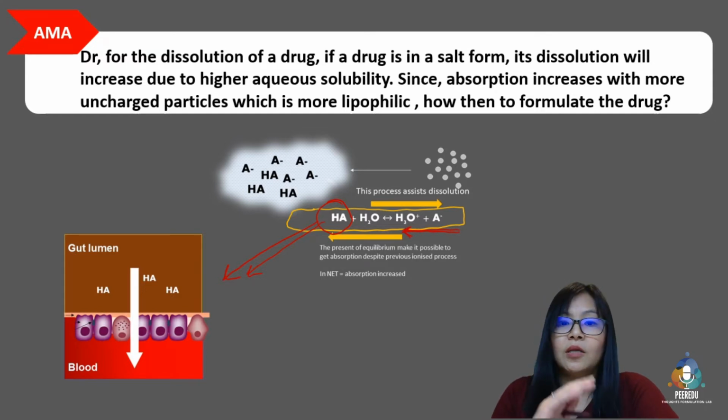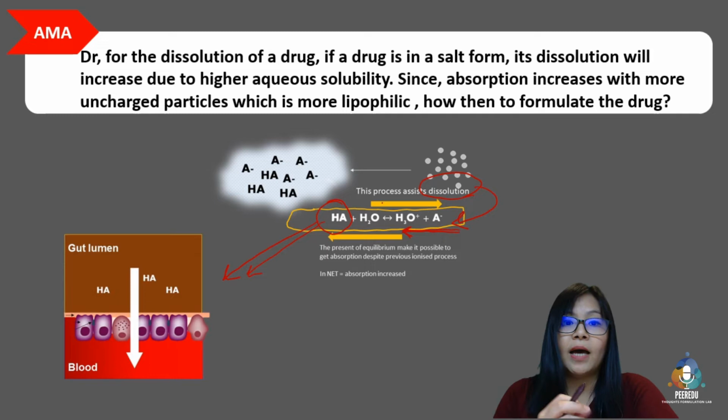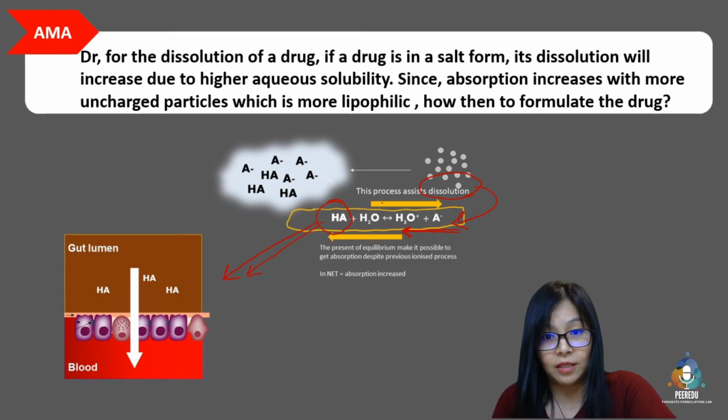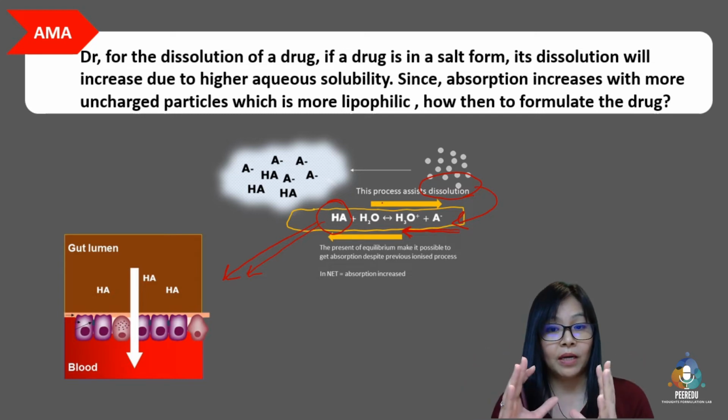So be it the process of making it salt form, you can facilitate dissolution, but don't worry, they will be going through the unionized form for absorption later on. It's just that they will facilitate the breaking of the big particles into small particles so that they can be ionized.